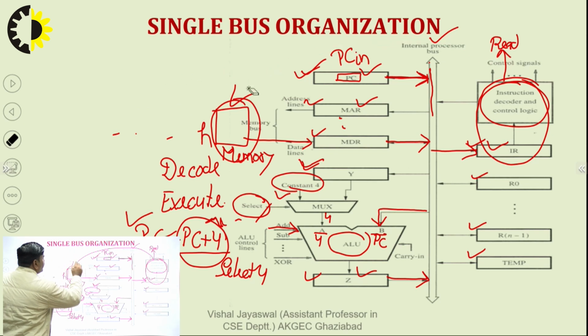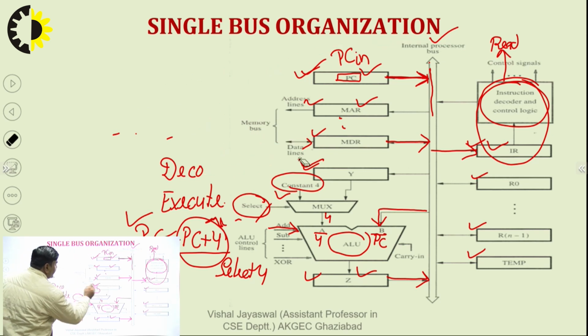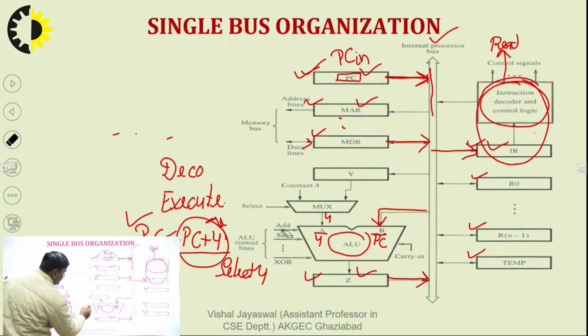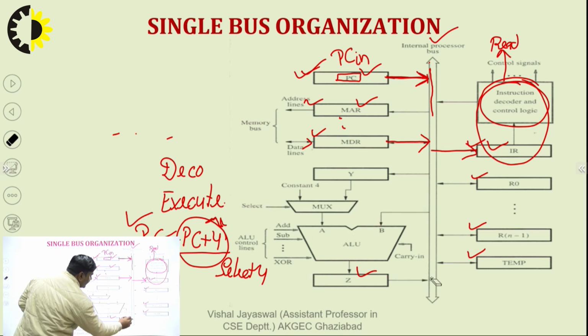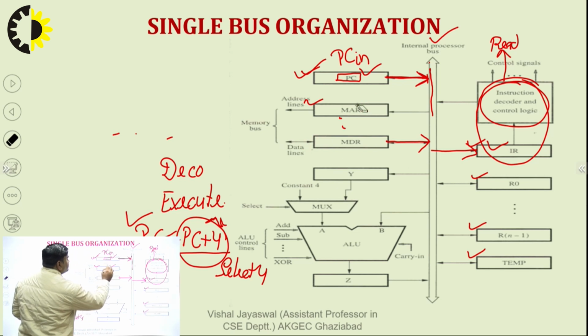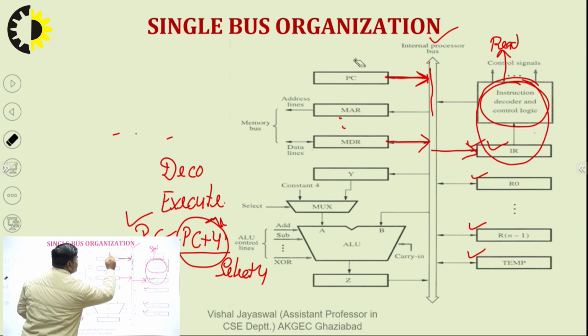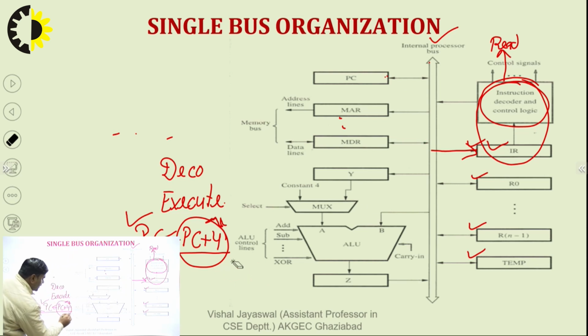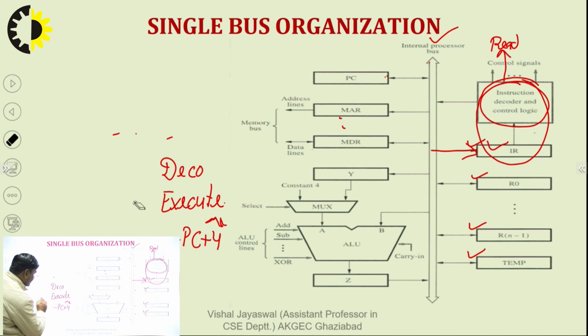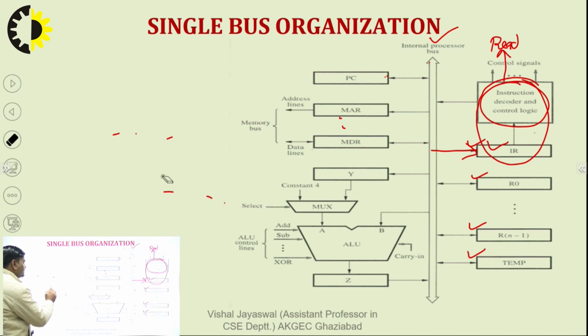So in this way we fetch the instruction from the memory, and increment the value of the program counter register. Then the last step is to execute the instruction.